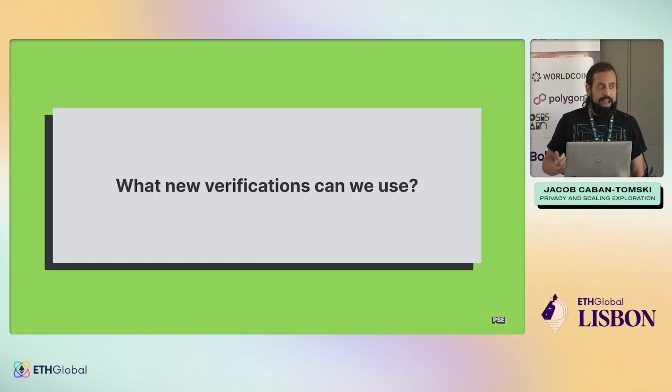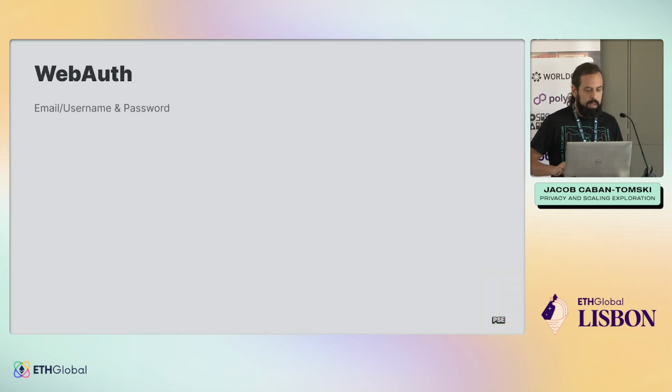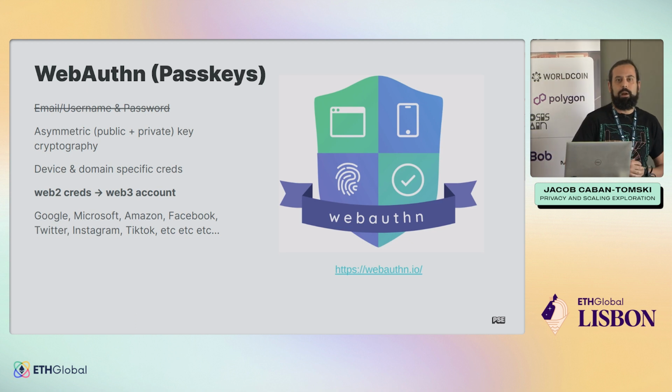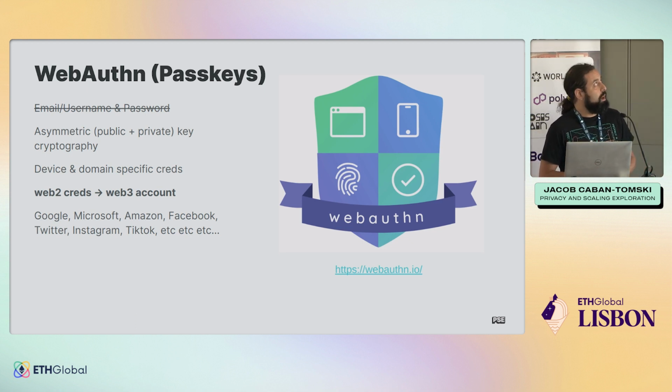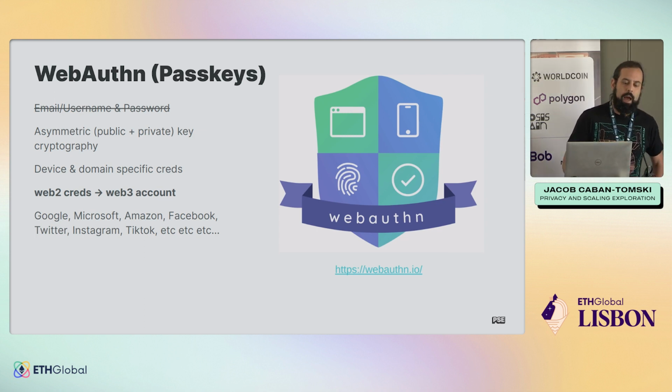So, now that we have this, what new verifications could we use with this smart contract wallet? Well, we could use some basic web auth, maybe a username and password, but there are better things we can use, such as WebAuthn, also commonly known as passkeys. This is basically using asymmetric keys, similar to what we would use in Ethereum and other blockchains, for signing into Web2 servers and accounts.